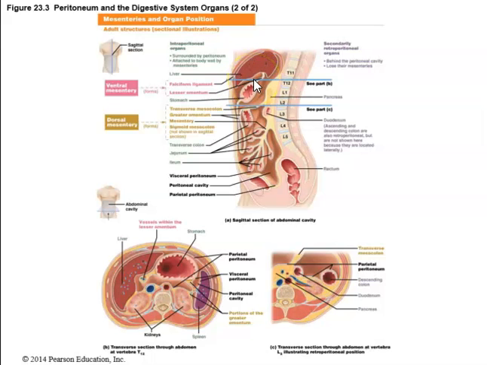The dorsal mesentery, we can see becomes the transverse mesocolon, so this structure up here then becomes part of that greater omentum, which if you ever get to see the cadaver is that apron-like structure anterior to the abdominal organs. Dorsal mesentery also becomes part of the sigmoid mesocolon, which you can't see in this sagittal section.